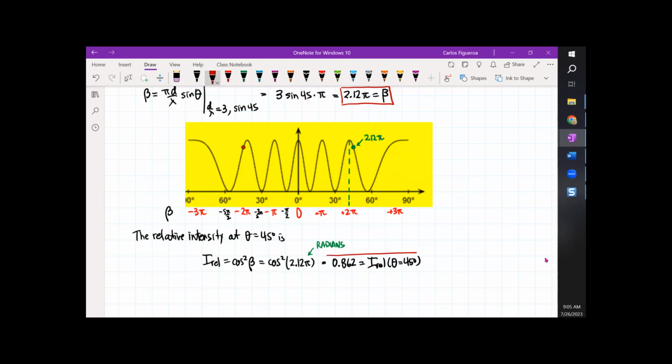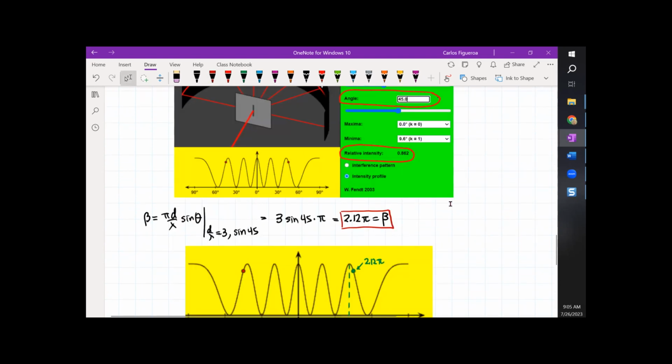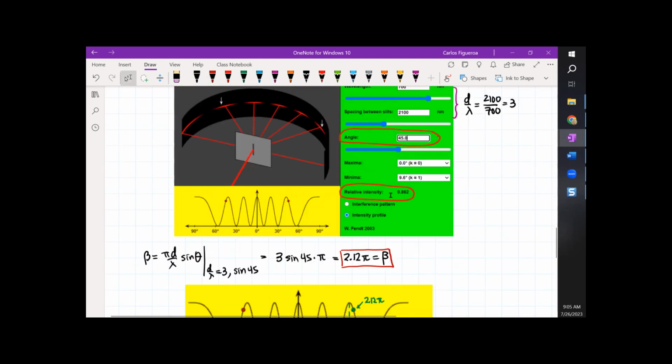And this intensity matches exactly what the applet is giving you.